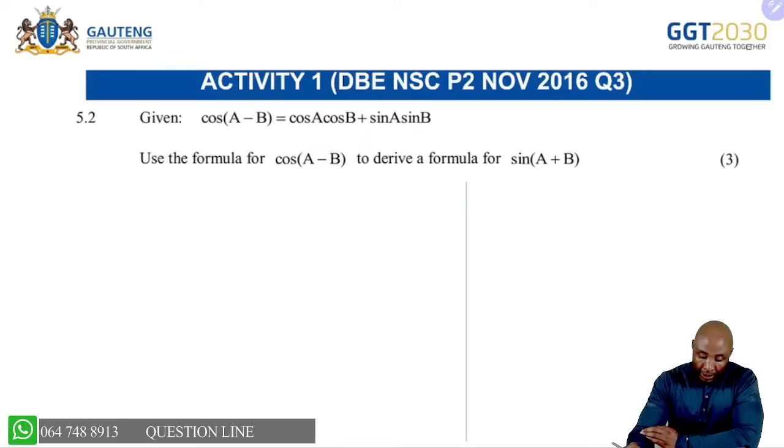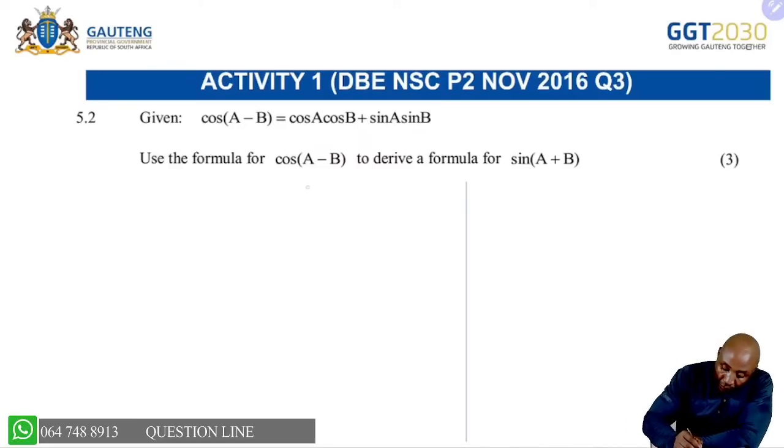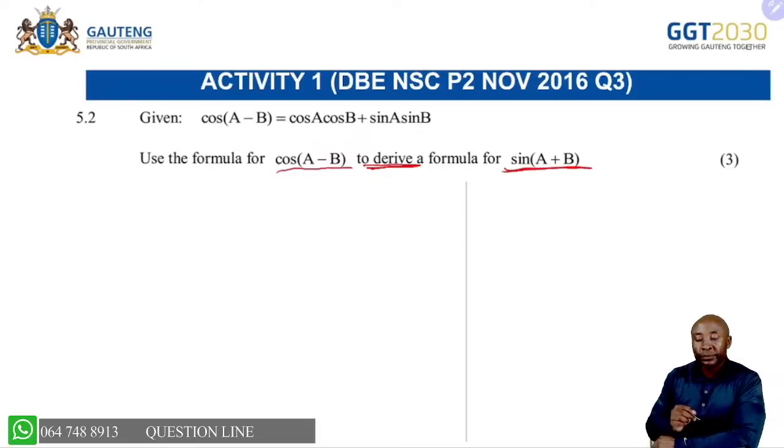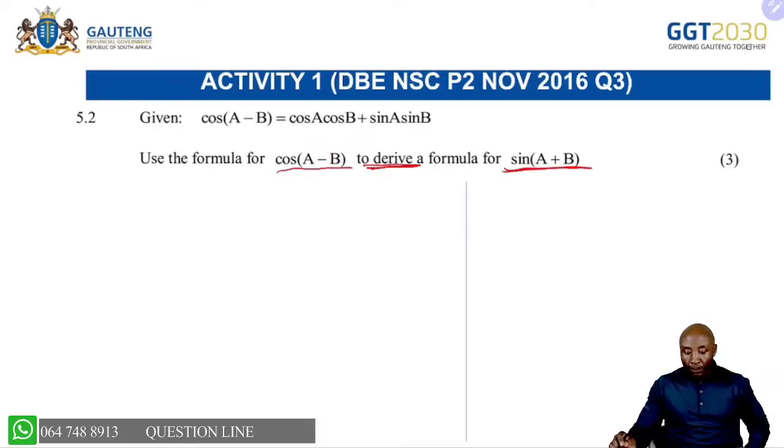Given that cos of A minus B is equal to cos A cos B plus sine A sine B, use the formula for cos of A minus B to derive the formula for sin of A plus B.